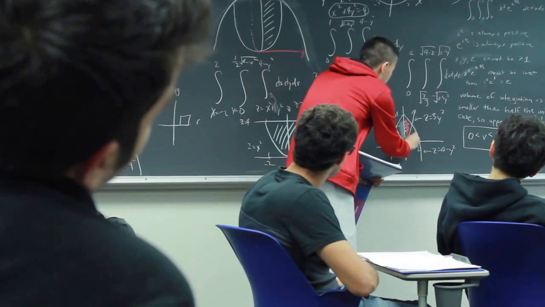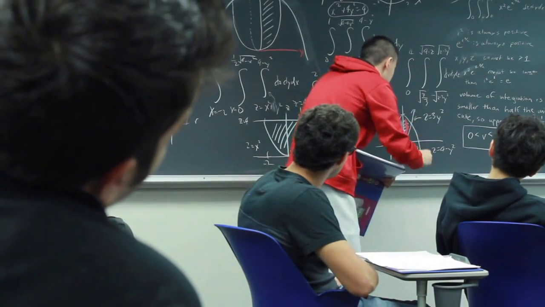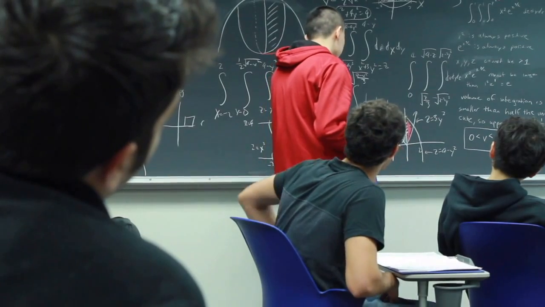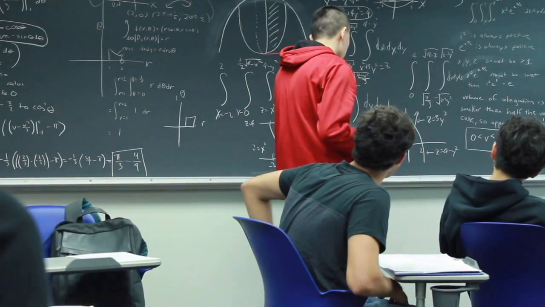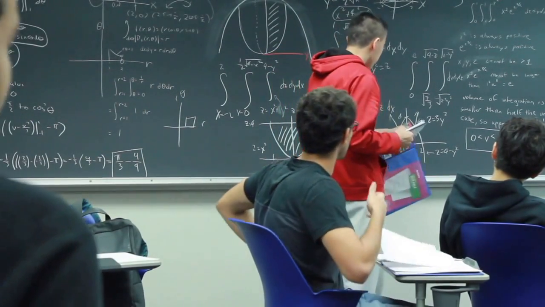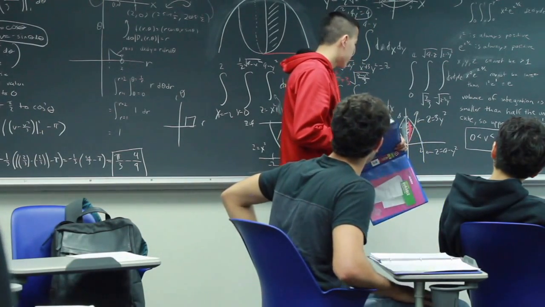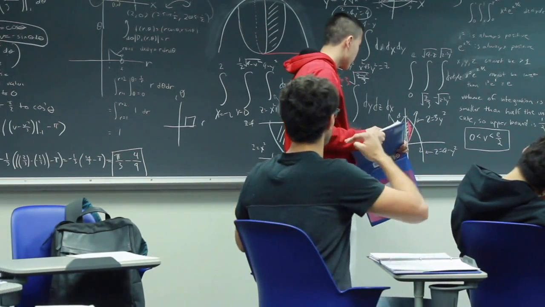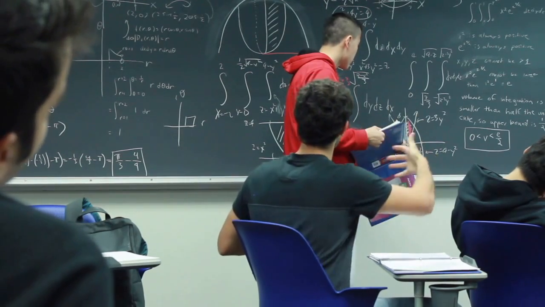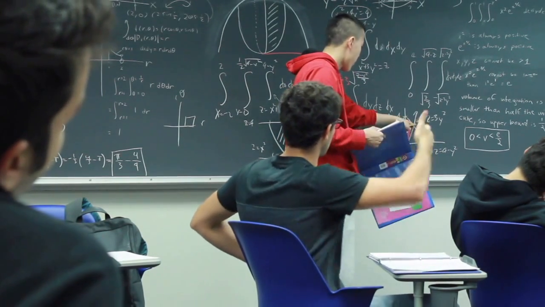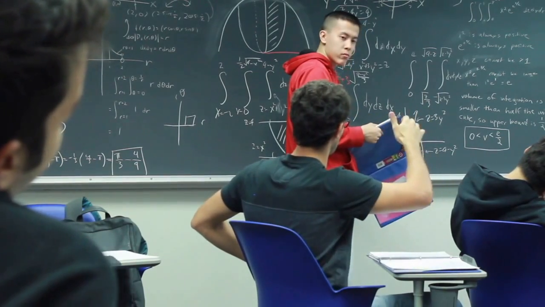So it should be like going this way, but wait. Don't we have to separate that as well? Because we're only interested in the right part, right? Yeah, but above where they intersect it's a different thing than below. Above you're going to have something like this, and below you're going to have it like this.